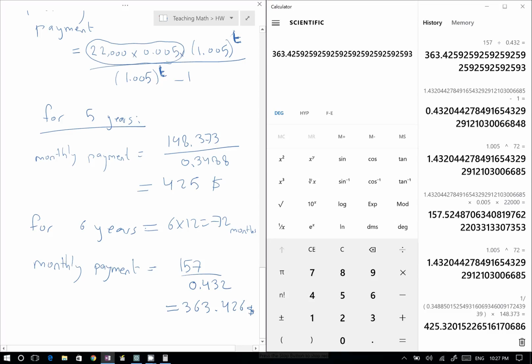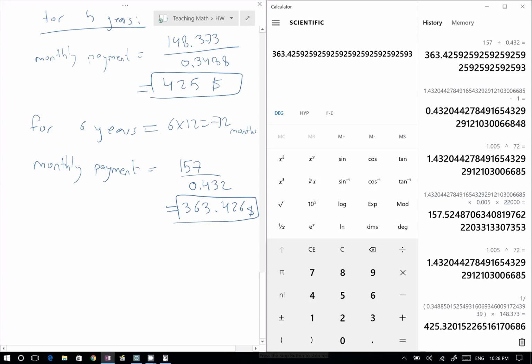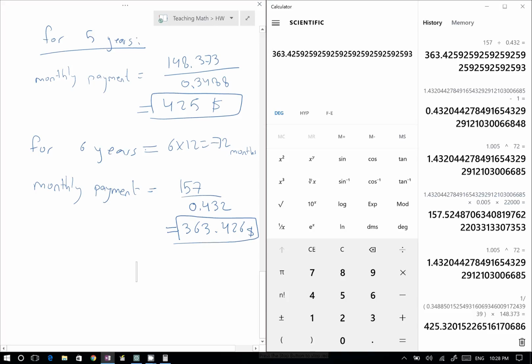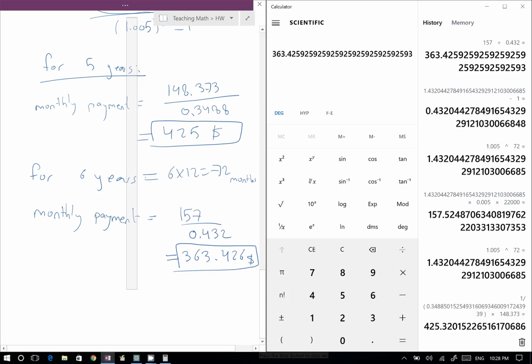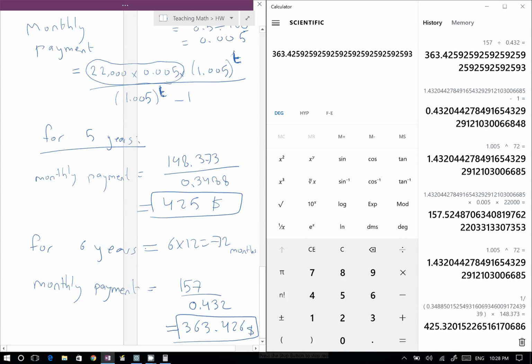Now, which one is better, the 425 or the 363? The way we tell is we should calculate the total payment. So let me calculate the total payment in a different color.